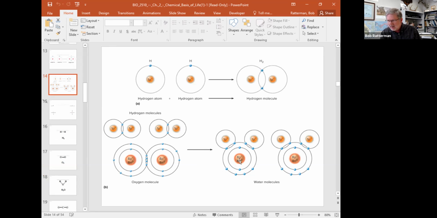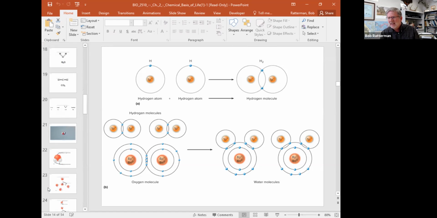It's a bigger element. It's got 8 positive charges in the nucleus. Each hydrogen only has 1, so it's like 8 times bigger. So these shared electrons, they are shared, but because of the 8 positive charges in the nucleus, it tends to exert a greater tug or pull on those shared electrons.